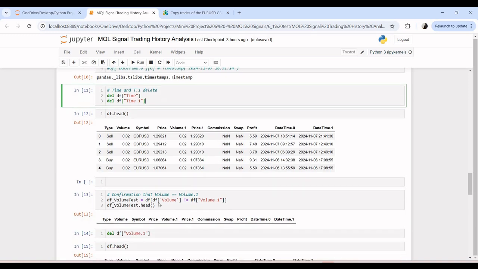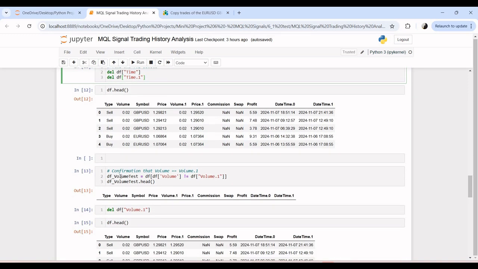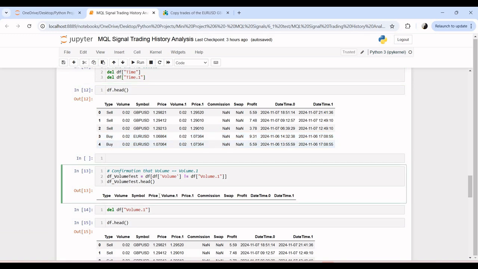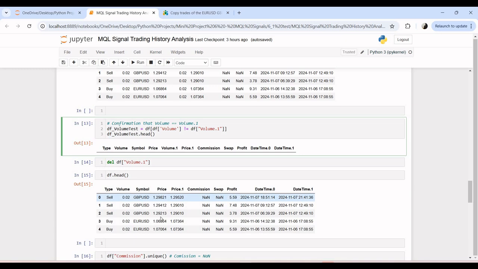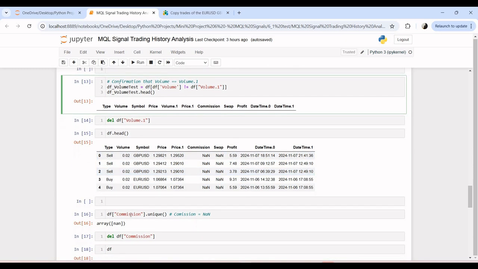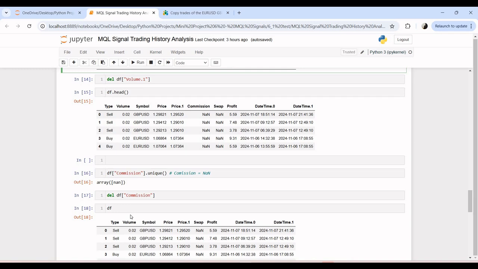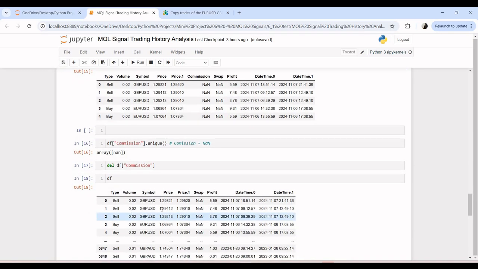Then we delete some unnecessary columns. Here we find that volume and volume 1, so start and end volume, are the same. It is expected for them to be the same, but this is just a confirmation, and so we can get rid of one of those columns. We then look at commission and find that it's all NaN values, so we can get rid of that.